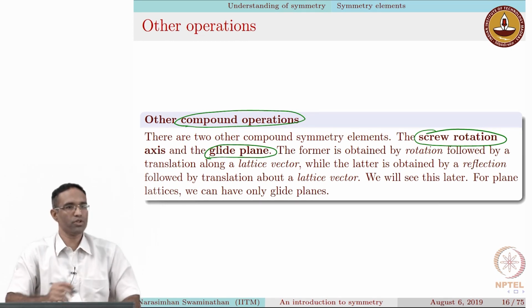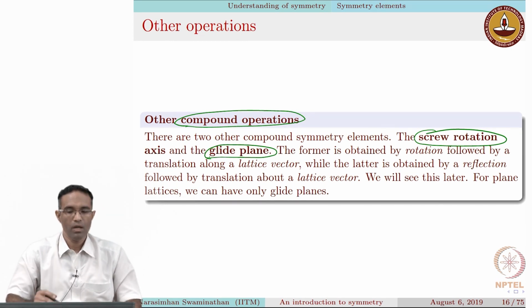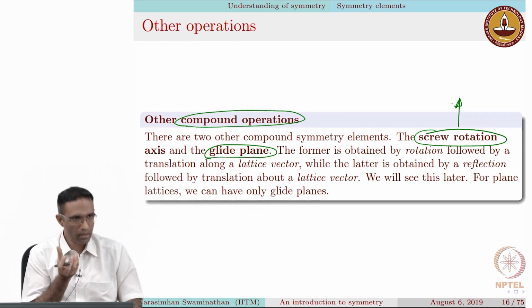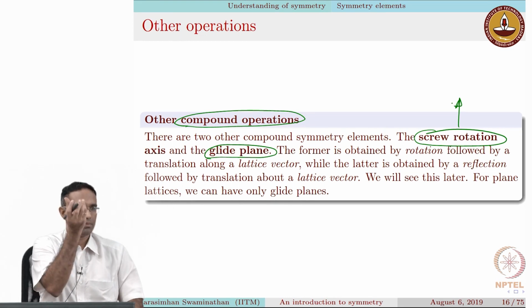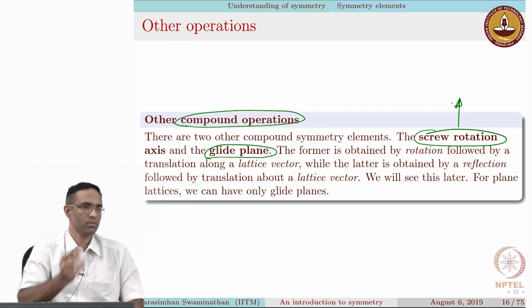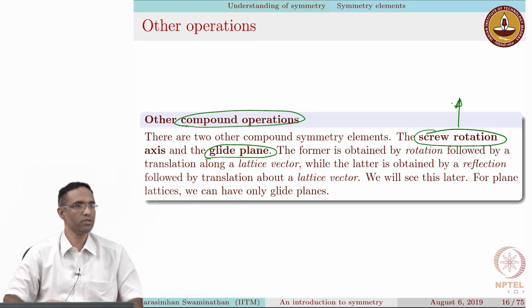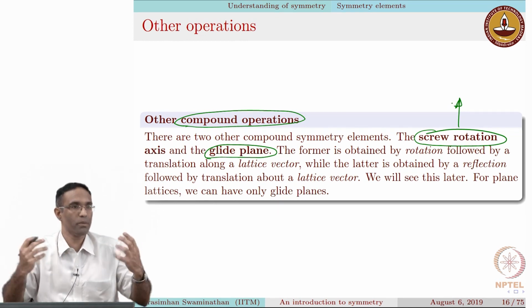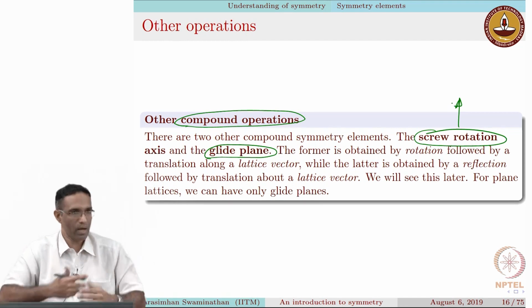Screw rotation involves rotating by a certain amount and then moving it up through a certain translation distance. Okay, that is also a symmetry operator. If you perform those operations, you will be able to make the entire lattice overlap with itself.